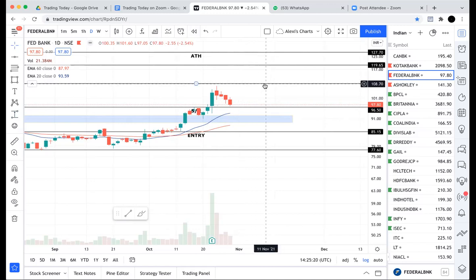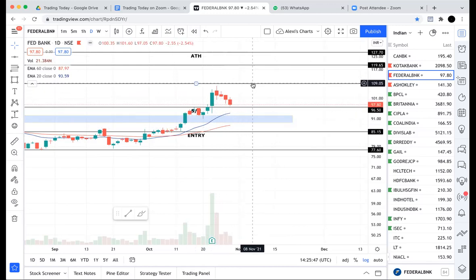Because what will happen at this level of resistance? Hard to tell. There's a 30% chance that it could go back down. But look at the moving averages. It has crossed above. The 20-day is higher than the 60-day, so there's a chance that it will continue going up.